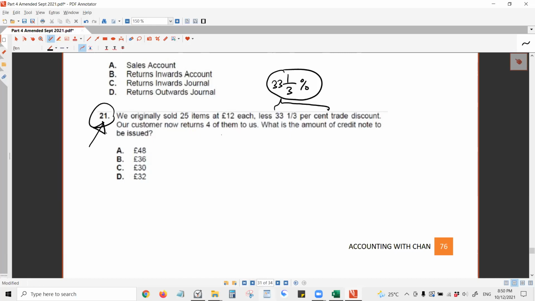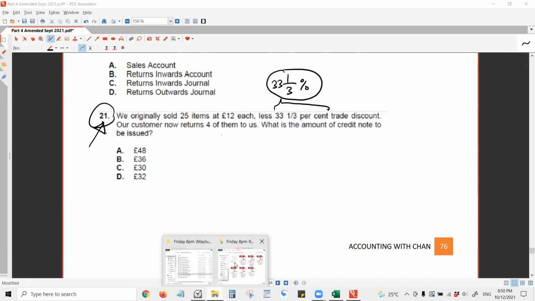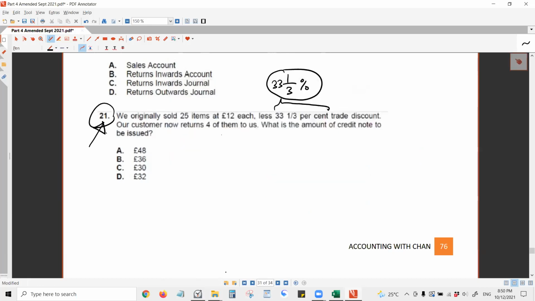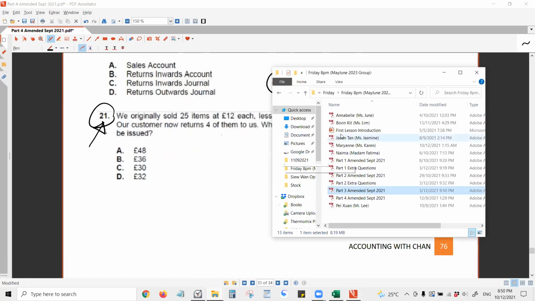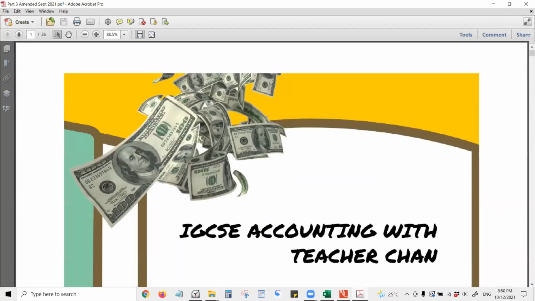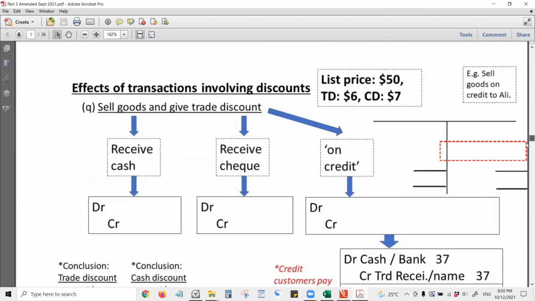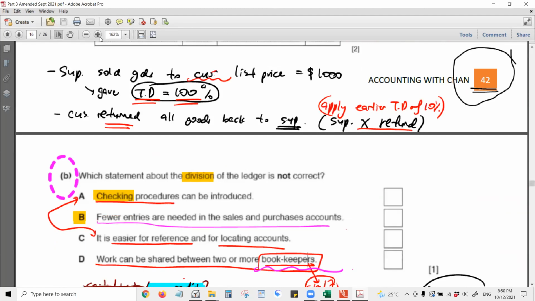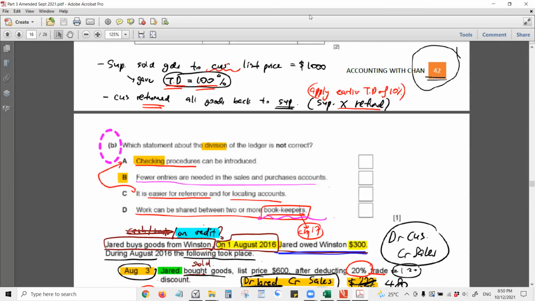So let me remind you one thing. It's about the trade discount and its relationship with the returning of goods. If you can recall what we learned in chapter 3, there was one question which I explained with a scenario about a customer returning goods back to us.